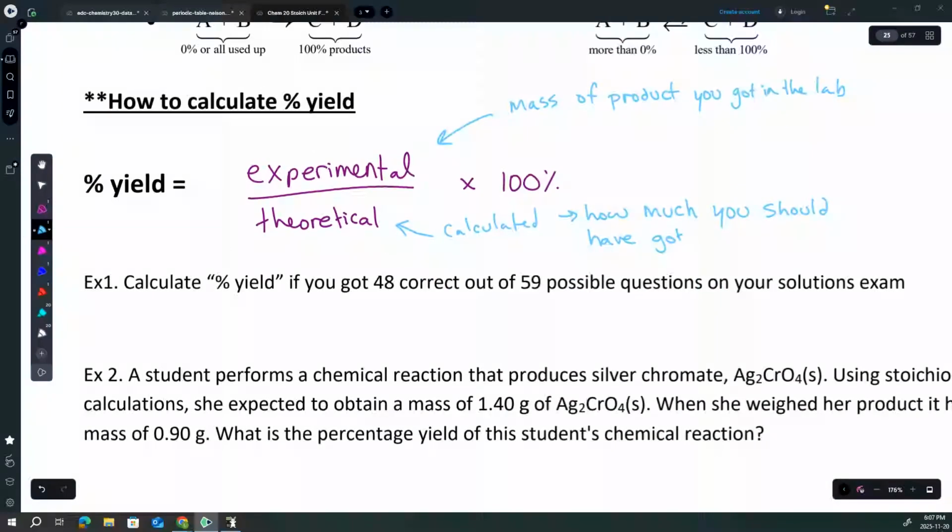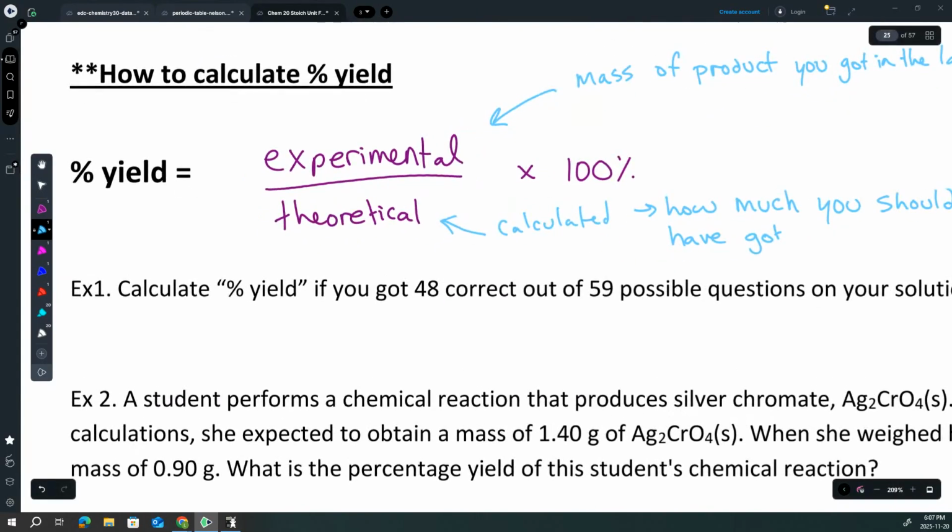So you could think about percent yield sort of like the percentage that you get on a test. Let's say you got 48 questions correct out of 59 possible questions on an exam.